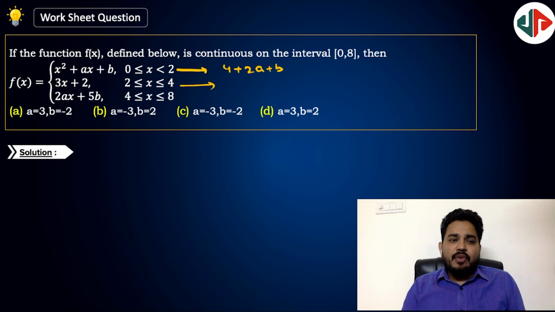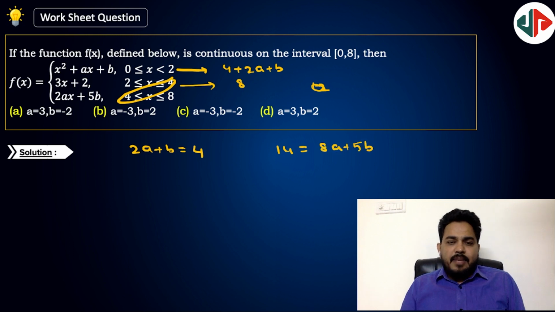Left side I'm writing. So it is equal to 6 plus 2, 8. So 2a plus b is equal to 4. Now at 4, let us check it out. At 4, this is 12 plus 2, that is equal to 14 at 4. And at 4, this is 8a plus 5b.